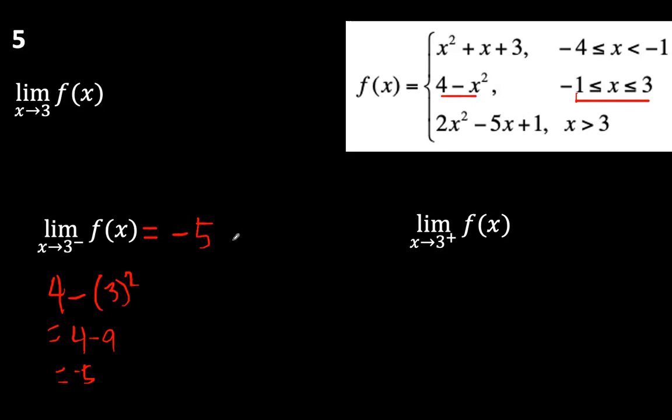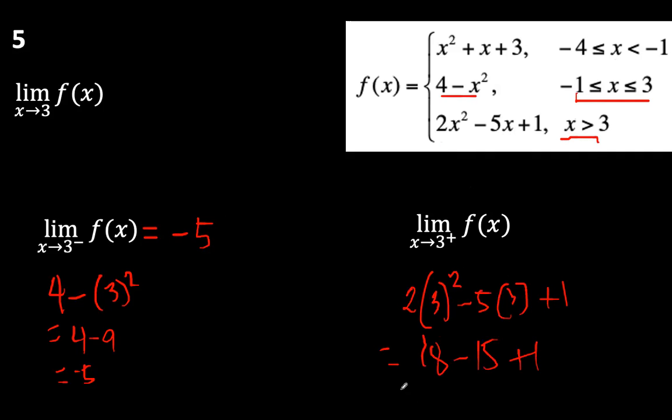Therefore, this is -5. And how about the limit of f of x as x approaches 3 from the right? Those are the values of x which are greater than 3. And that's here, so we will be using this function. 2 times 3 squared minus 5 times 3 plus 1 is equal to 18 minus 15 plus 1, which is equal to 4.